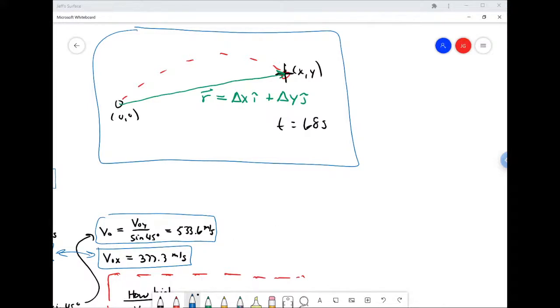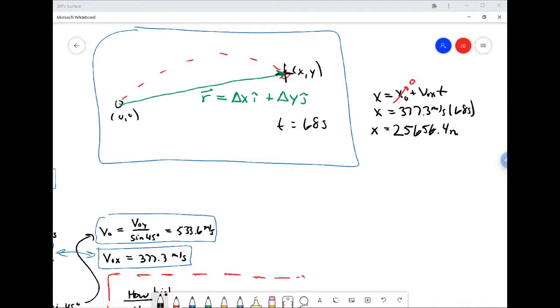And where is it? You've got to figure out what x is at that point. It starts at 0, plus 377.3 meters per second times 68 seconds. It's 25,656.4 meters.